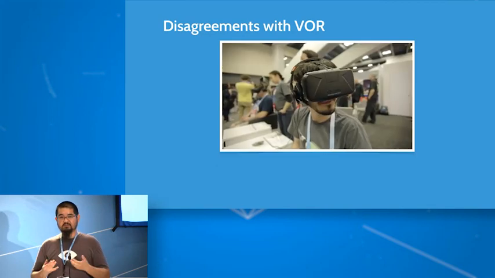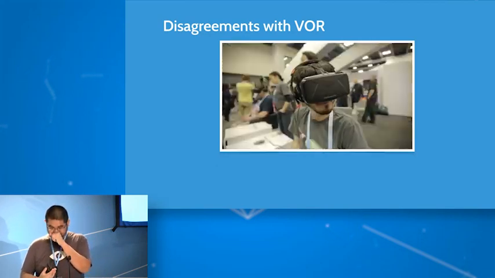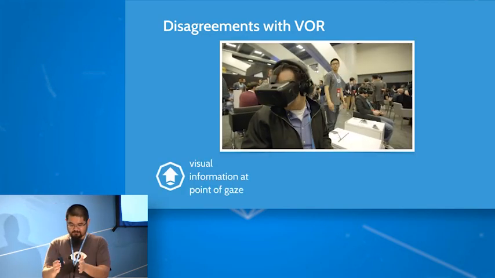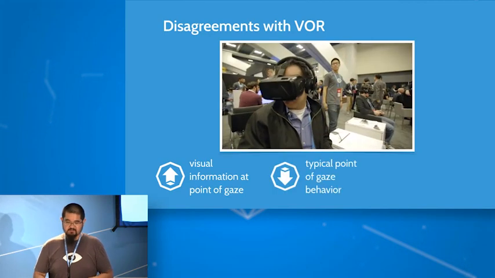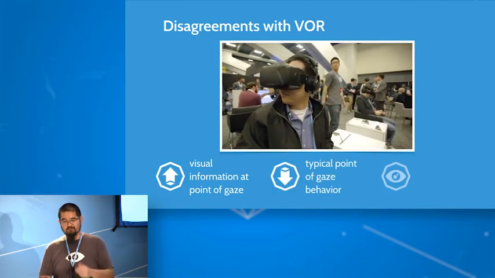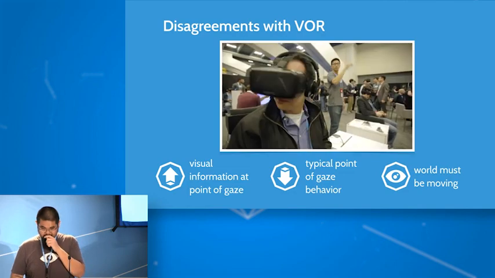Right, so what's happening here with VOR and the Rift? If you're moving your head around, you're getting some bottom-up visual information at the point of gaze. Right? In the real world, it's whatever's at the location, but in the Rift, it's whatever's presented on the screen at that location, at your point of gaze.